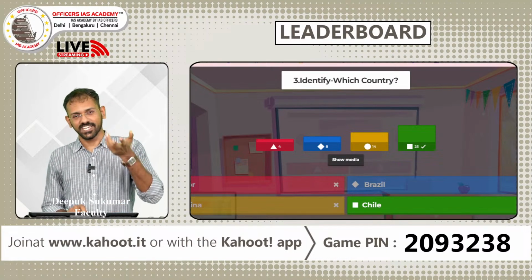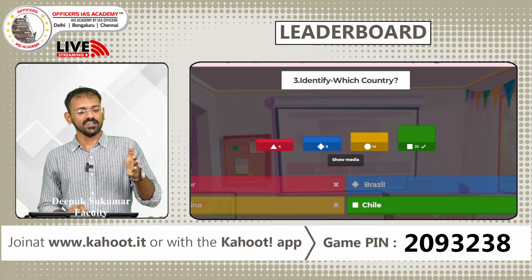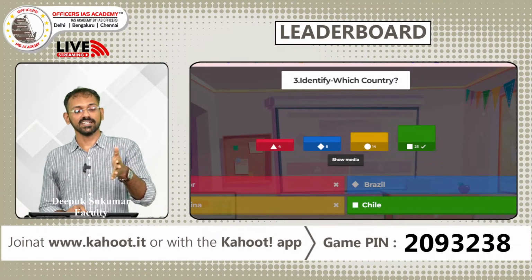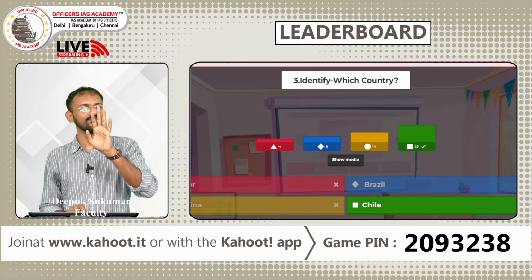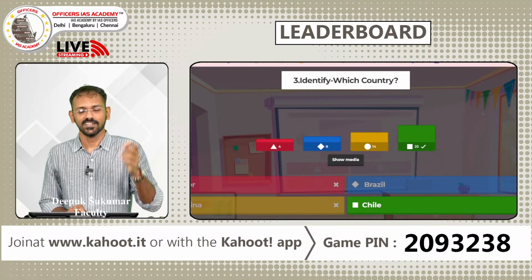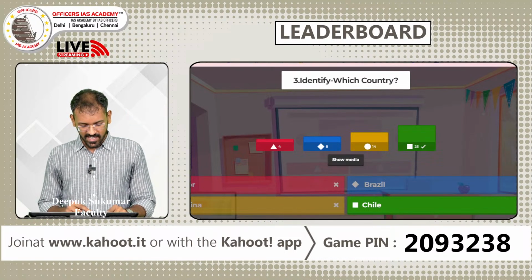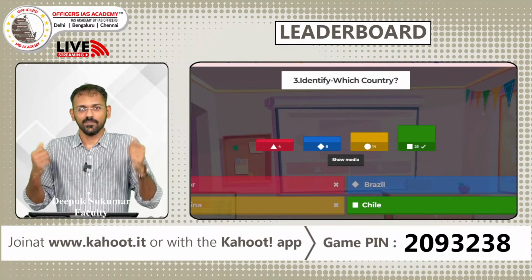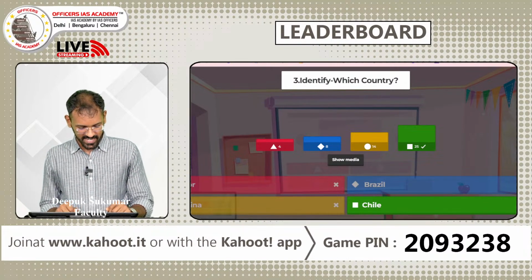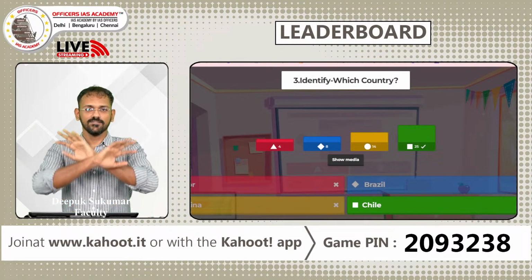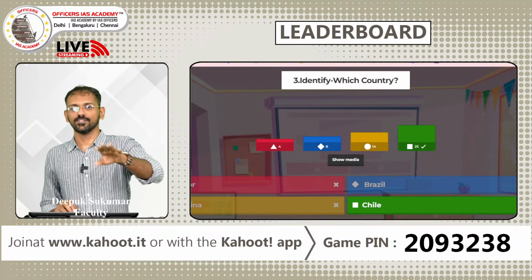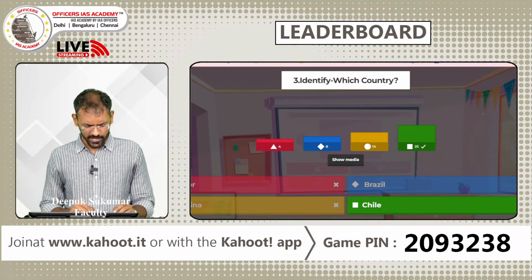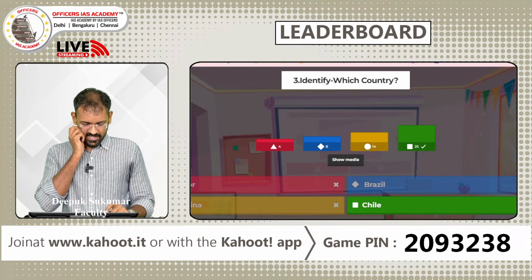I still remember that this Atacama Desert has not received rainfall in more than a century or something like that. That's how I know that the Atacama Desert is in Chile, and the right answer here is Chile. There are different pieces of information here. As long as there is just one which indicates that this is the right answer, the job is done. You don't need to know everything.